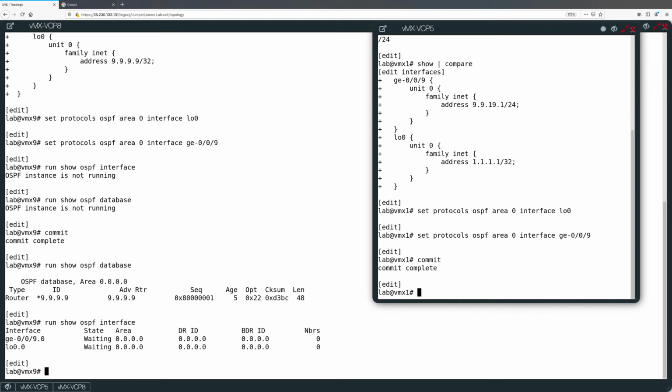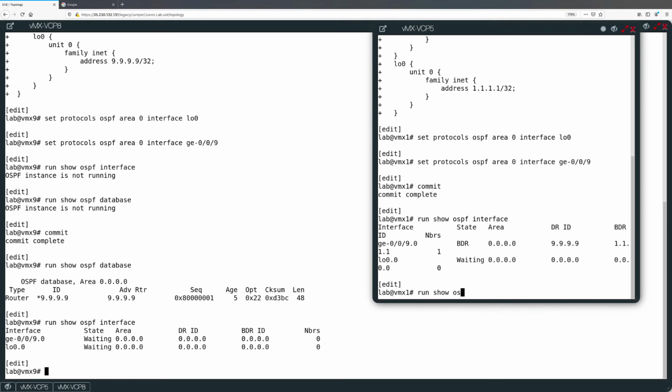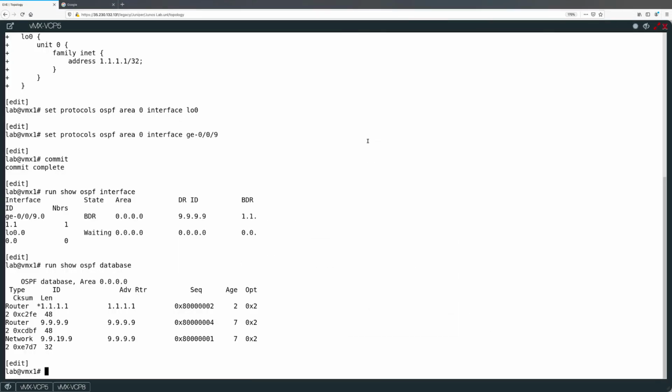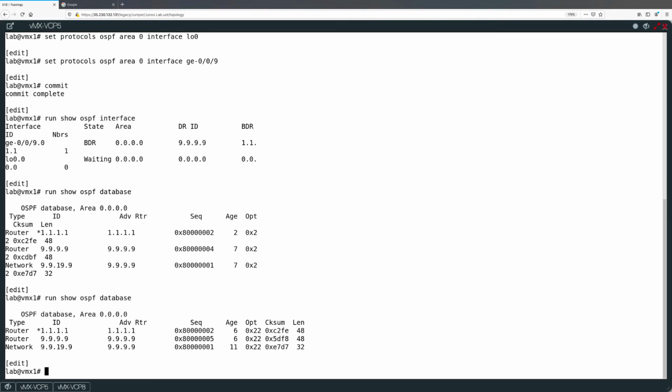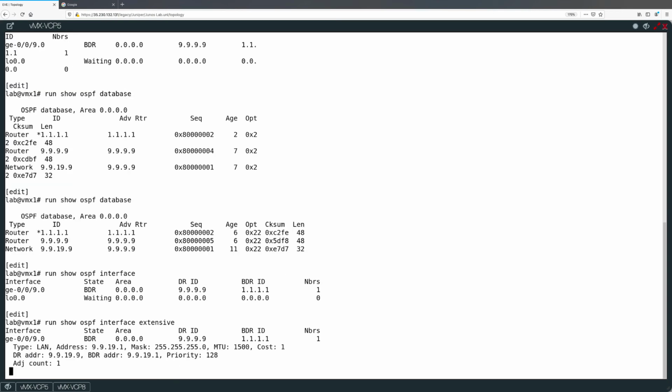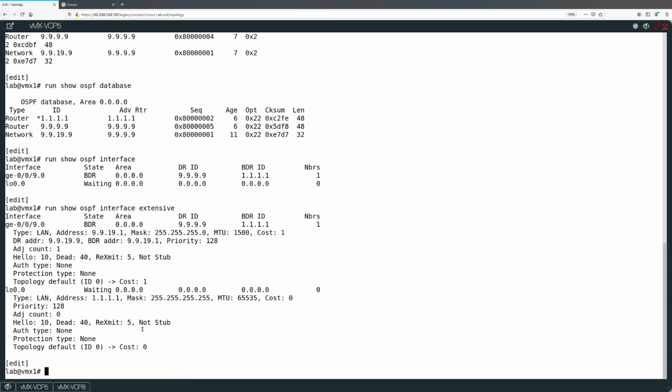Now if I show the OSPF interfaces, I do see that one has immediately gone into BDR, right? It's a broadcast segment, and we do see router LSAs from all ones and all nines, and there is a network LSA, because in a broadcast or non-broadcast segment, when you have DR or BDR, you have a type 2 network LSA. You have type 1 router LSA and type 2 network LSA.